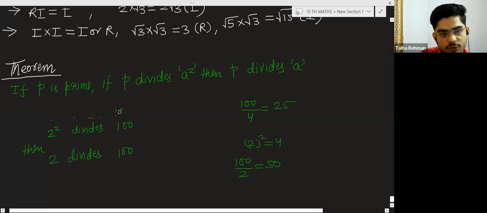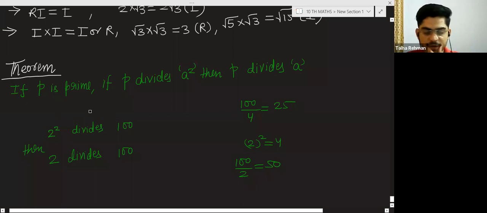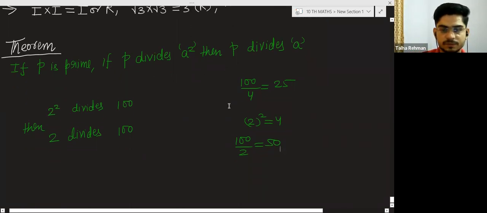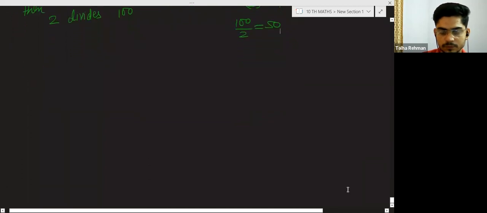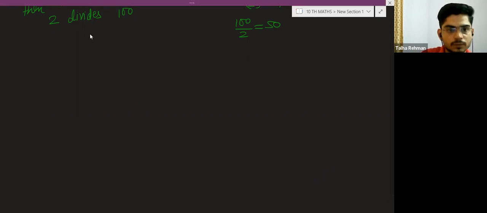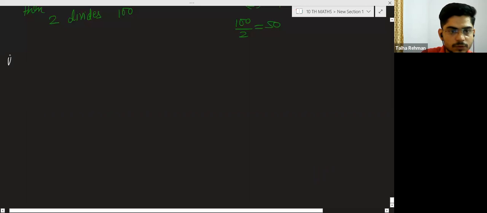And we will use this theorem for proving the irrationality of irrational numbers. So the question is: prove that root 2 is irrational.